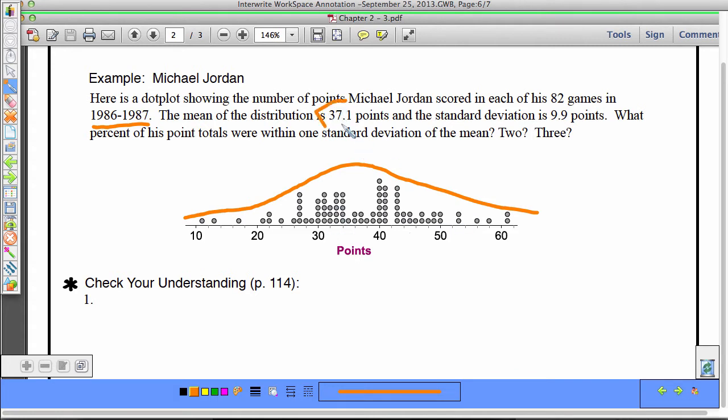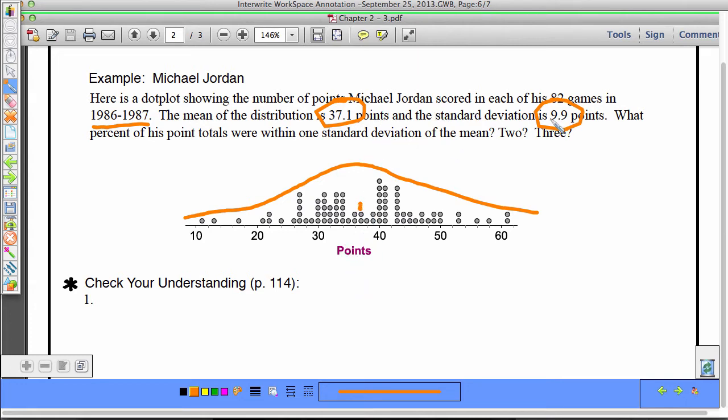So first thing I need to know is the mean and the standard deviation. So my mean is 37.1, so that would be about right in here, somewhere right around with these 2 points right here. 37 would be here, so we can call the mean this.